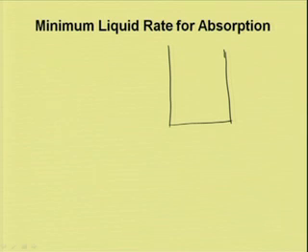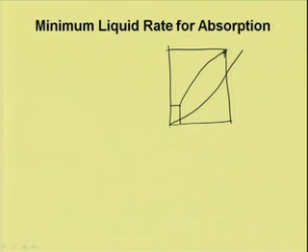If we plot the absorption curve in mole fraction instead of mole ratio, this is the exit concentration x1 and this is x2, this is y2, this is y1, and this is the equilibrium line and this is the operating line.